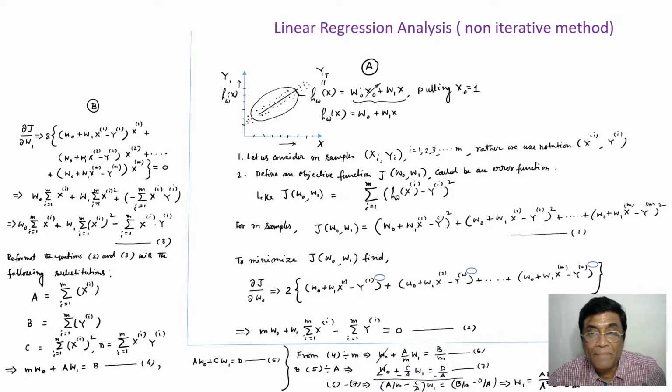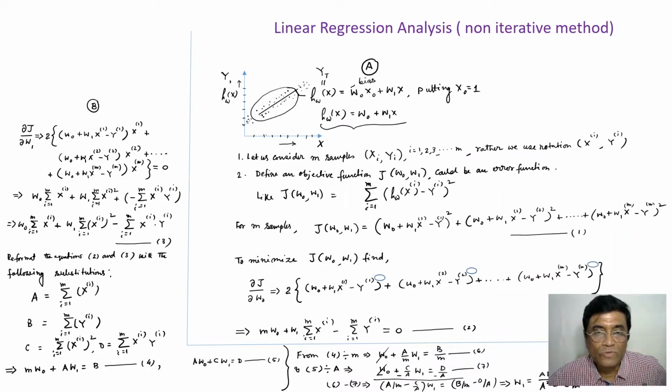The parameter attached with the fictitious feature is known as bias. Why we put bias, we will reveal in the machine learning course. For better generalization, we need to put bias. So putting x0 equal to 1, I have this. So this is my model.